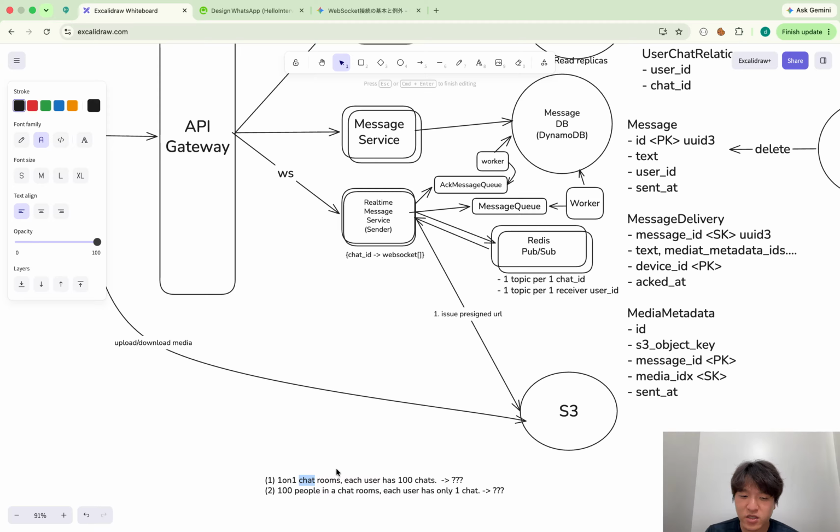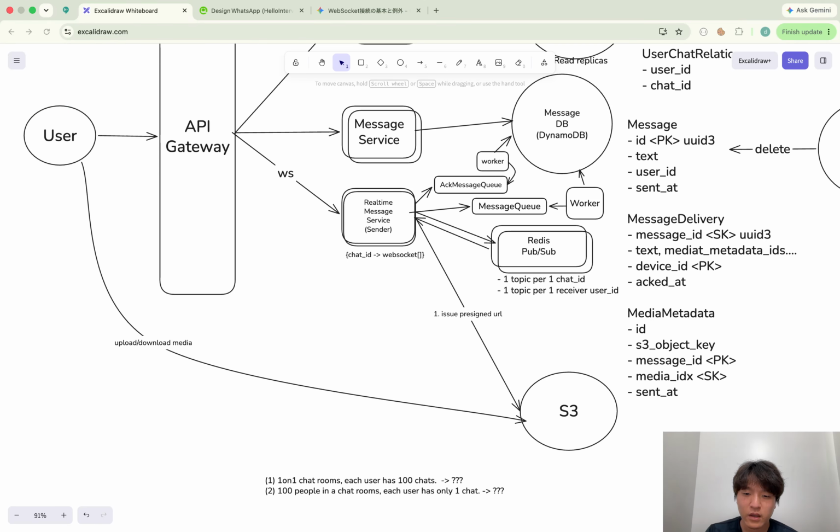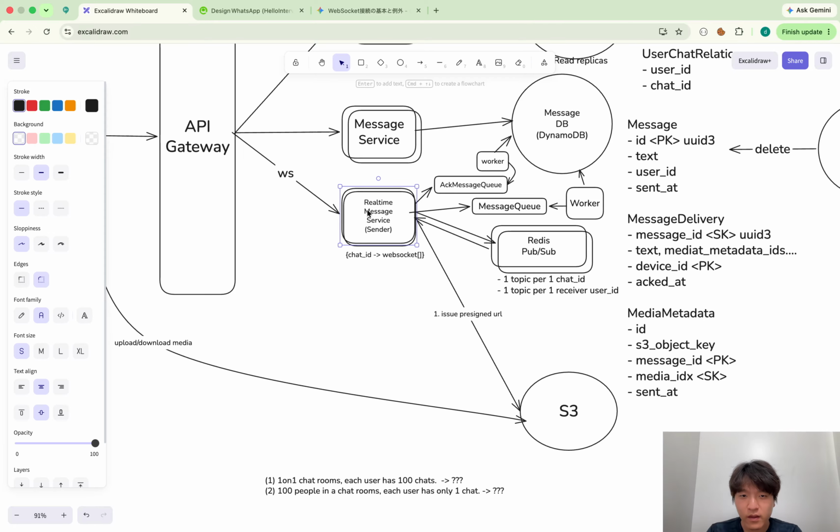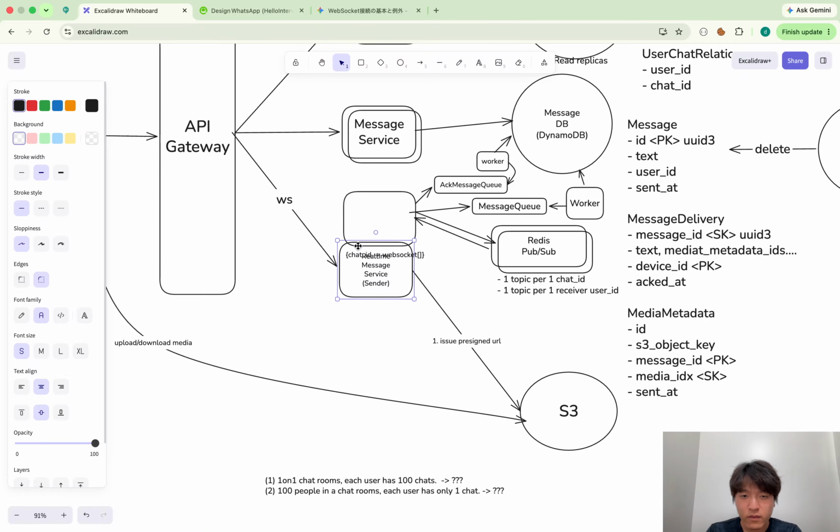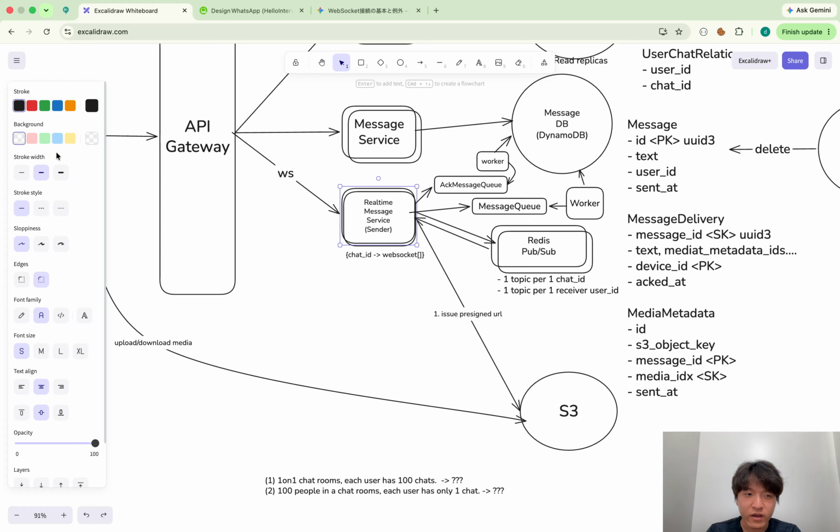Of course, in a production system, it should be in the middle ground, and I should adjust the solution according to the statistics of chat room size, number of users, and number of chat rooms. But for today, I will talk from two scenarios. So scenario number one: one-on-one chat rooms, each user has 100 chats. Okay. So I will quickly add something here.